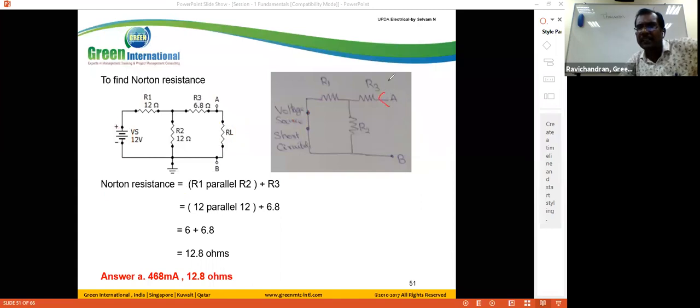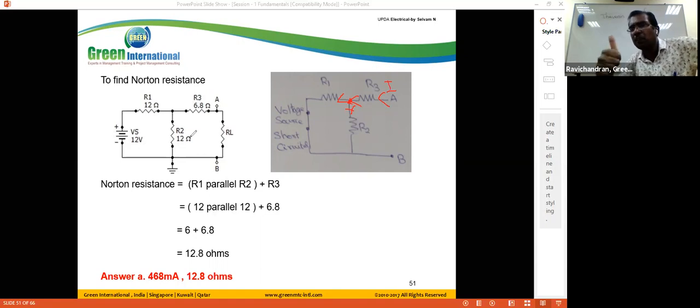Just assume that current enters here and this is the node, because these three branches are connected. Here, this is the node. So the current enters here, and here the current leaves. That means R1 and R2 are parallel combinations. So R1 R2 parallel. What is the value? 12, 12.